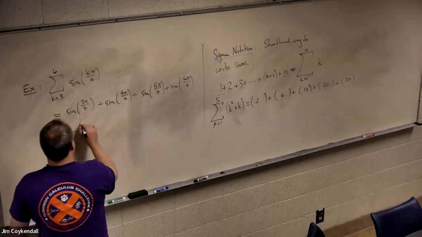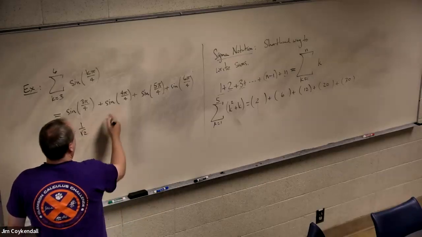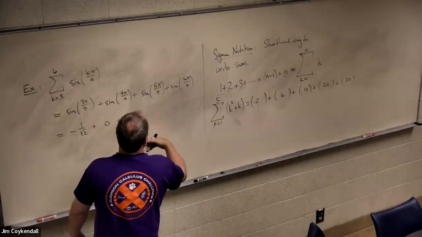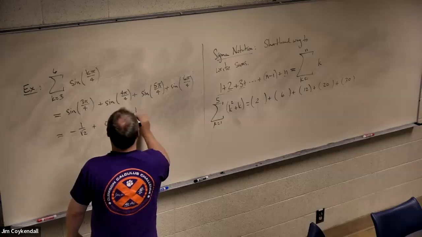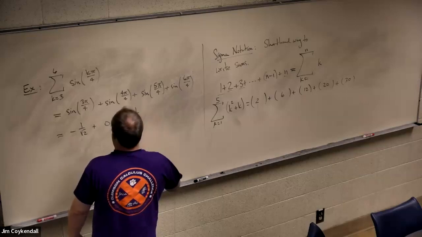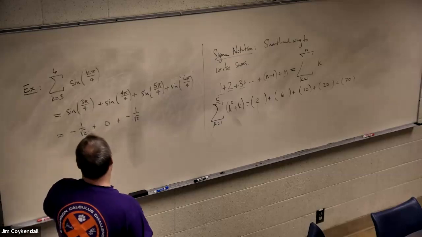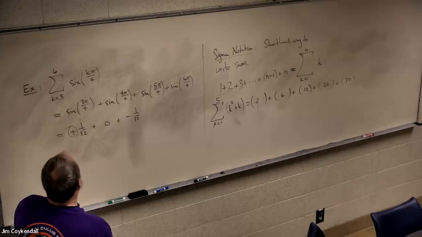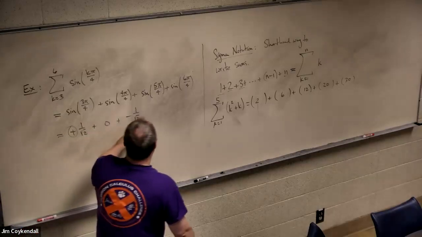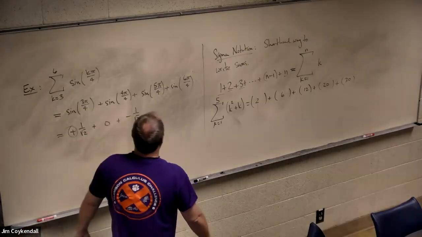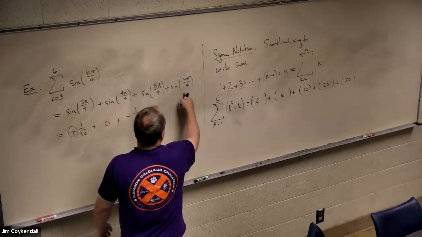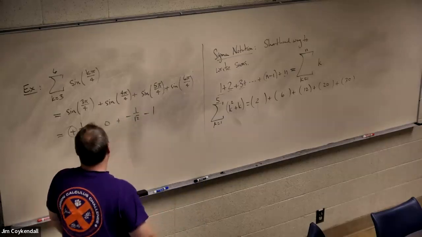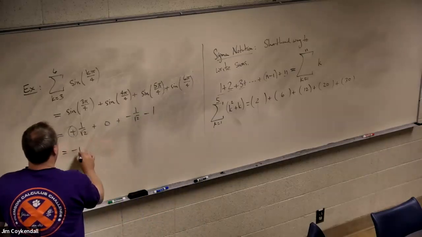Sine 3 pi over 4 is actually not bad. Sine pi is 0. Sine 5 pi over 4 is minus 1 over radical 2. Sine 6 pi over 4, that's 3 pi over 2, is minus 1. So this adds up.